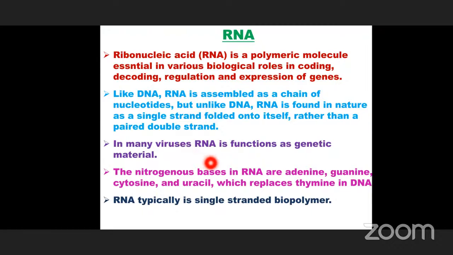In RNA, adenine and guanine are the purines present. Coming to the pyrimidines, cytosine and uracil are present. In the place of thymine, uracil is present in the RNA molecule.